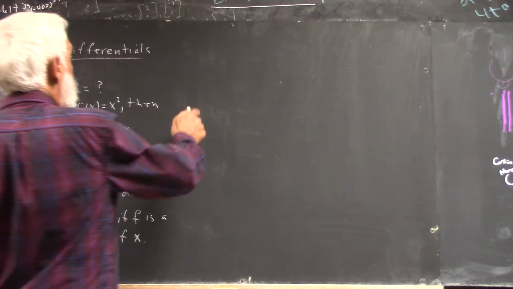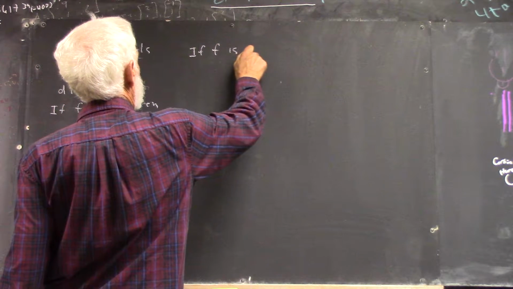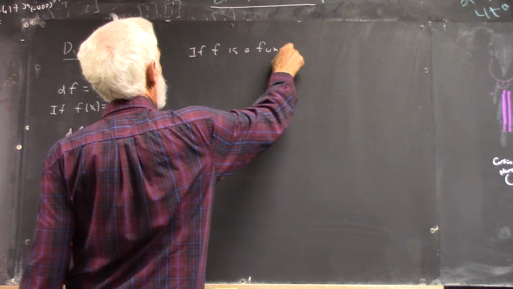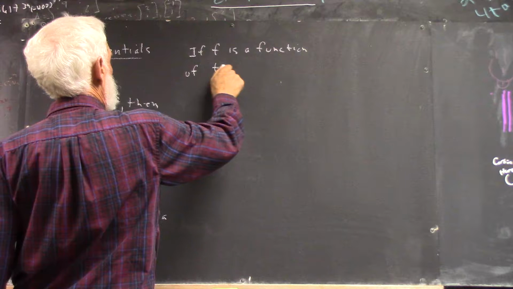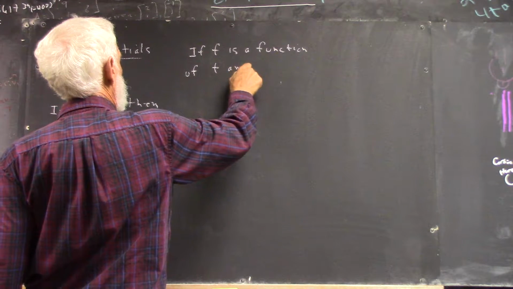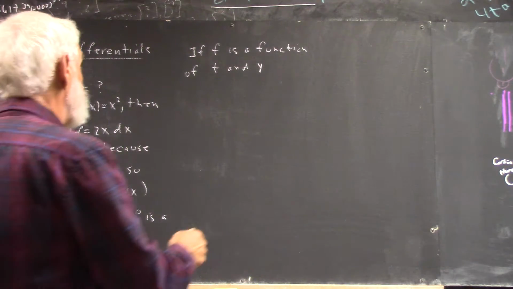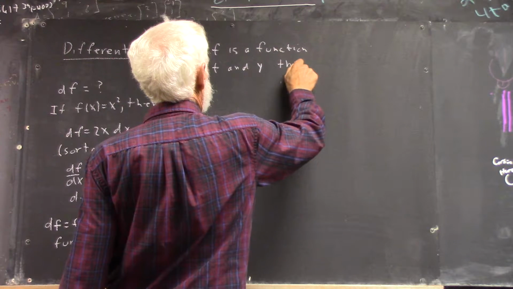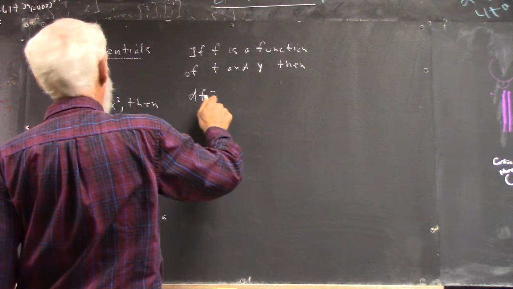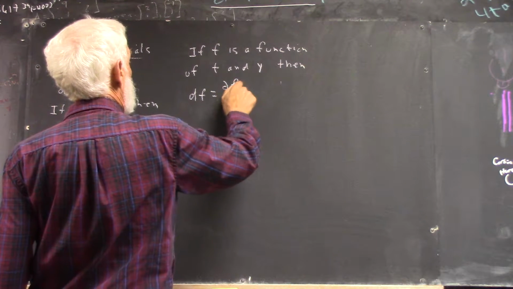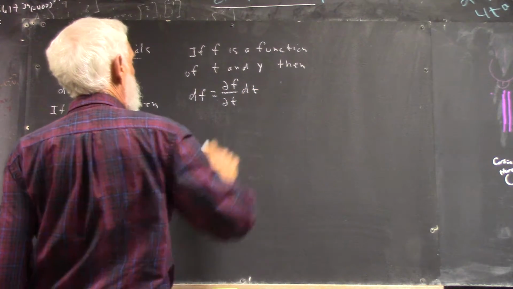Now, if f is a function of t and y, then df equals the partial derivative of f with respect to t, dt.